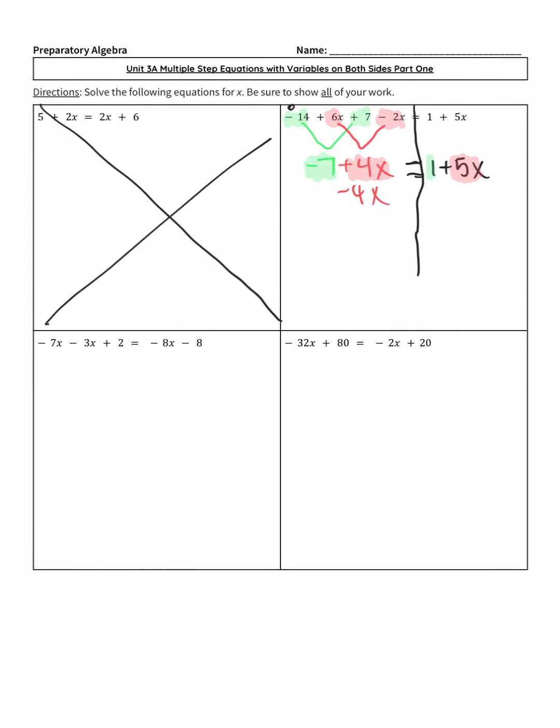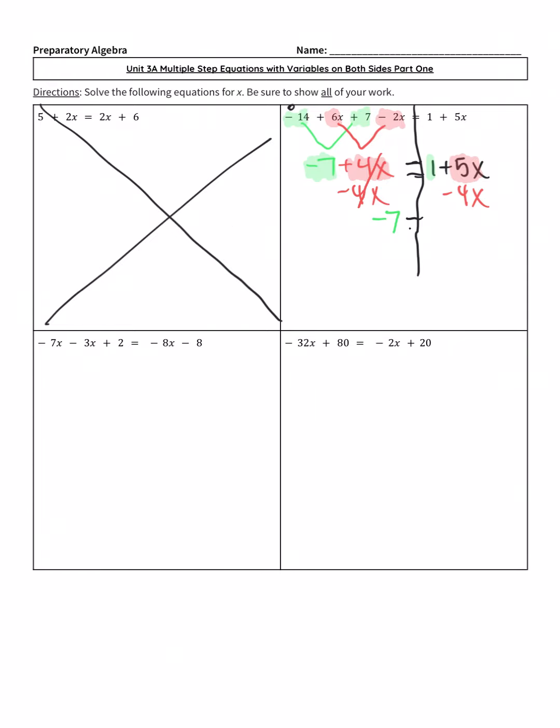And whatever I do over here, I have to do over here. +4x minus 4x is equal to 0. So this is gone. And I'm left with only a -7 on this side of the equation.